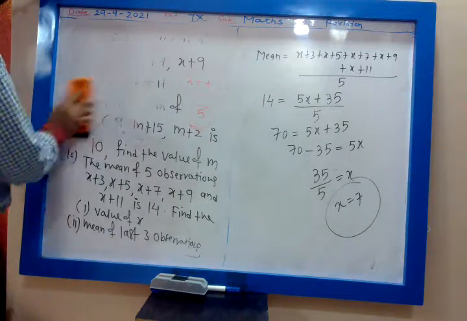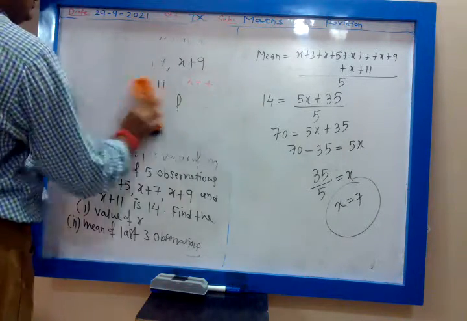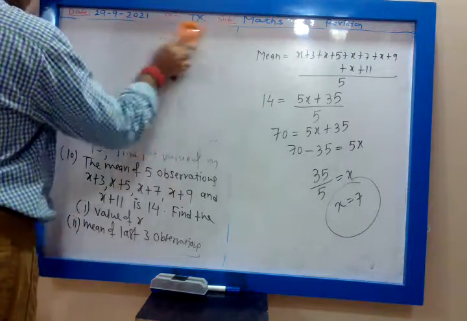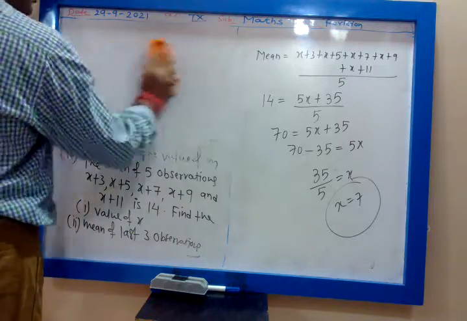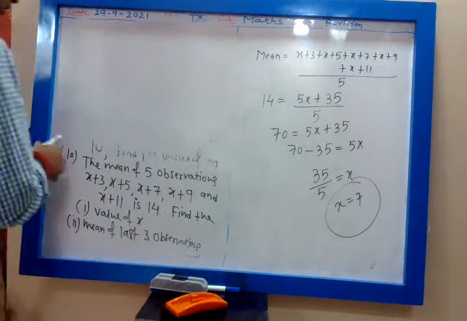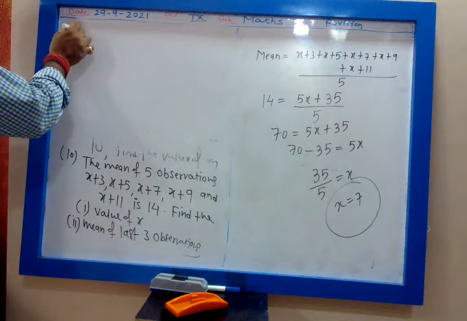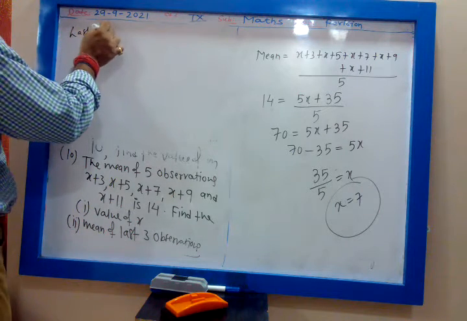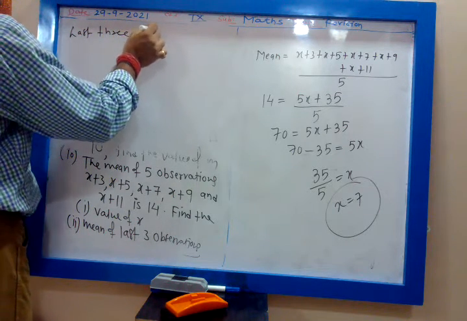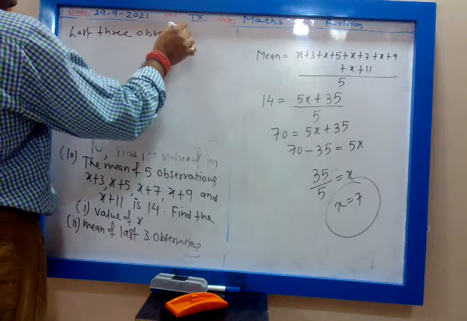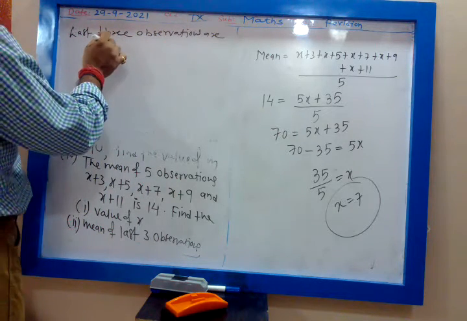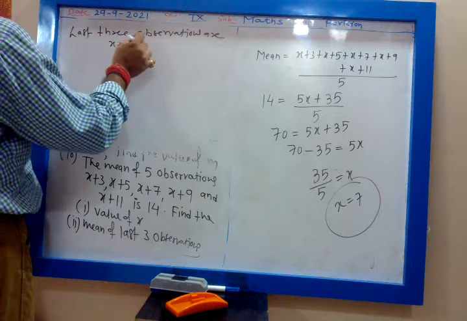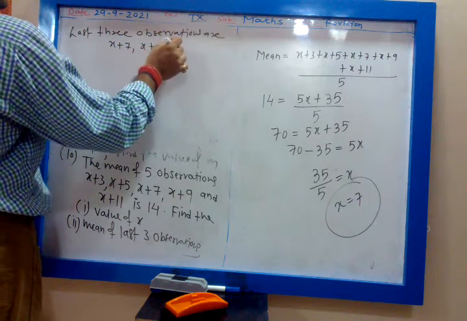Then what is asked? Find the mean of last 3 observations. So what are last 3 observations? So we write last 3 observations are x plus 7, x plus 9 and x plus 11.